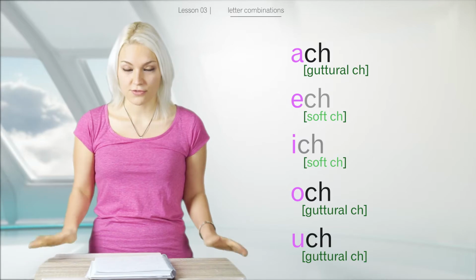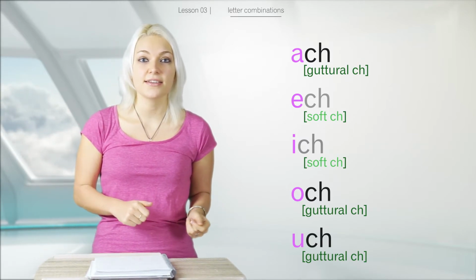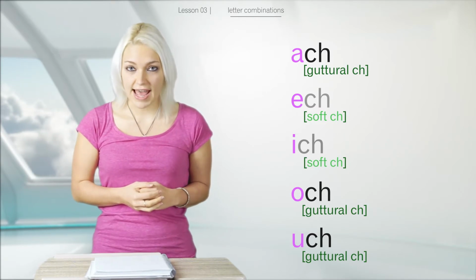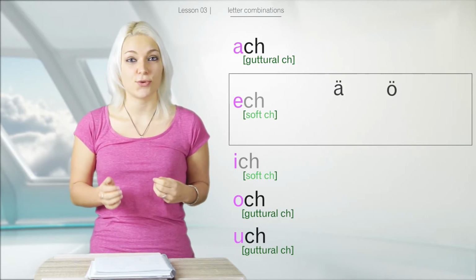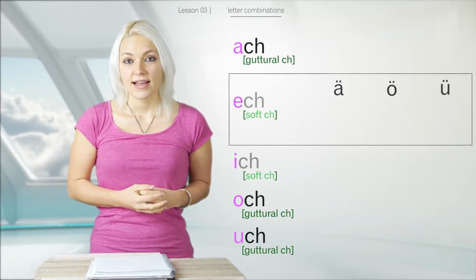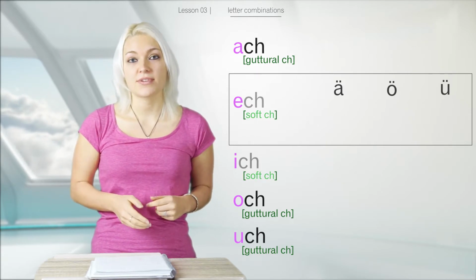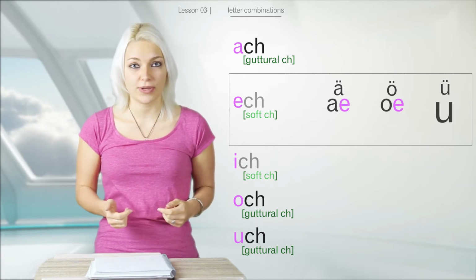So the rule is, after E and I, the CH is soft. What happens after Ä, Ö, and Ü? I explained before, in the Ä, Ö, Ü, there is a hidden E at the end. So it's AE, OE, UE.